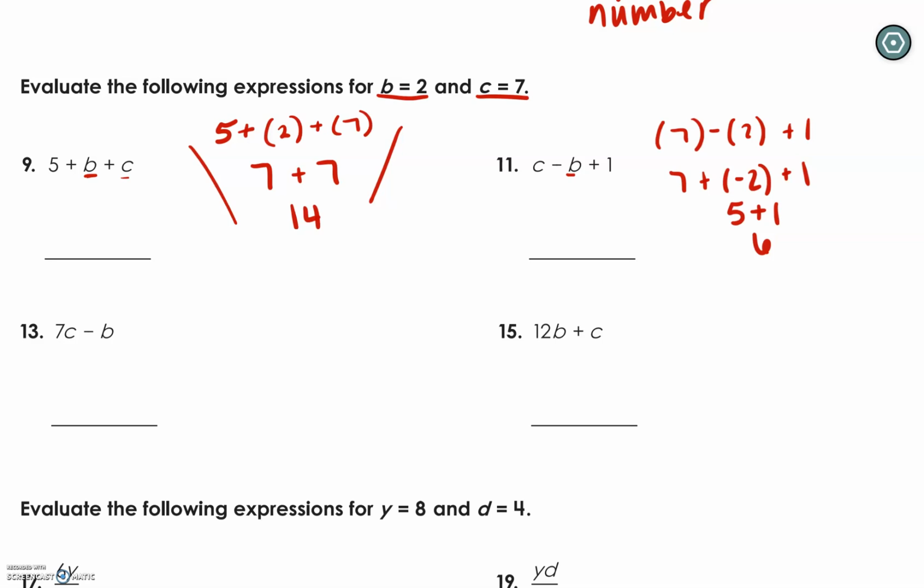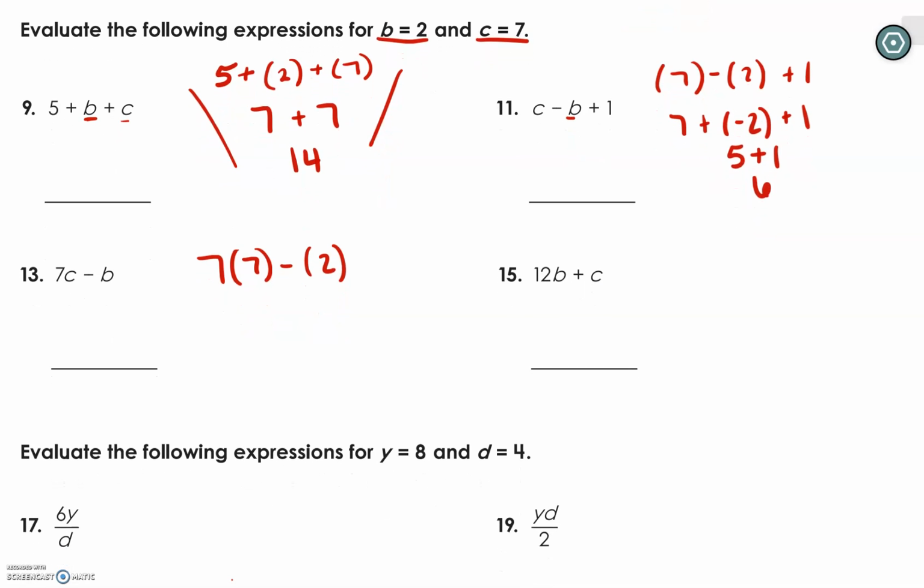All right, number 13. I have 7c minus b. So now I need to replace the b and c with the number values. So I have 7 times c, and c is 7, minus b, which is 2. I'm going to rewrite that subtraction as addition of the opposite.